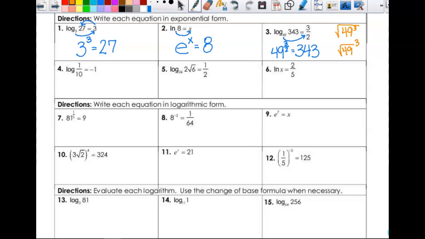All right, y'all do 4, 5, and 6. And then double check yourself with me.